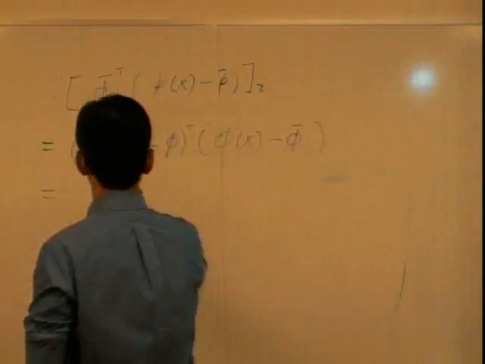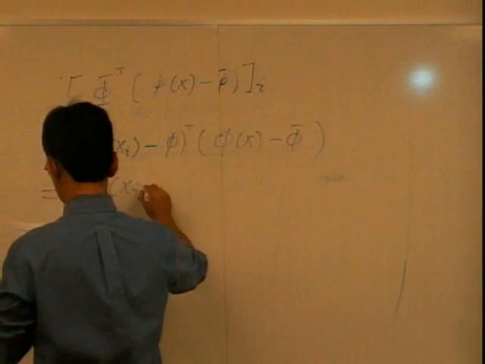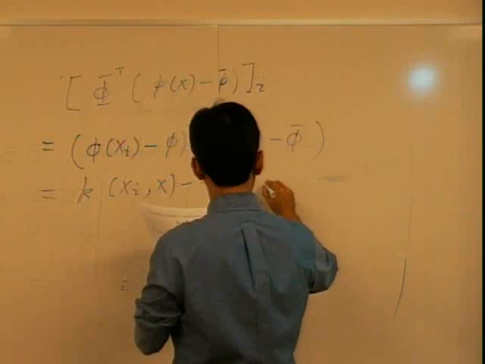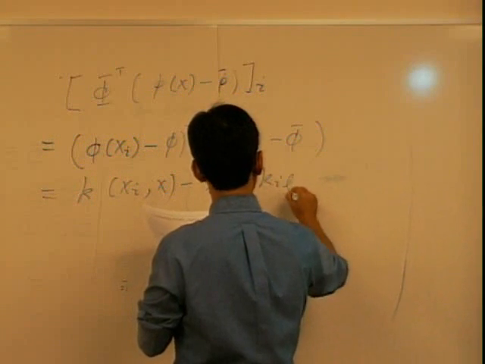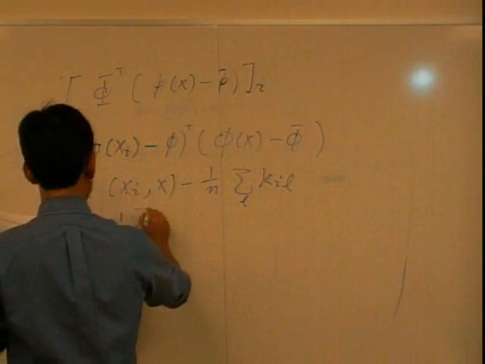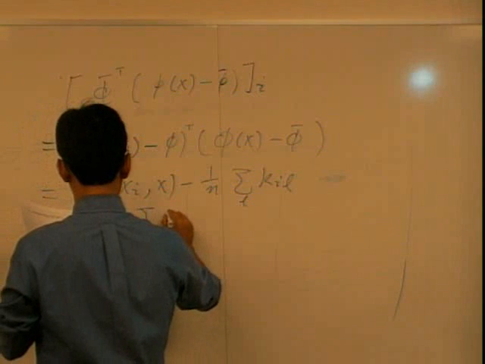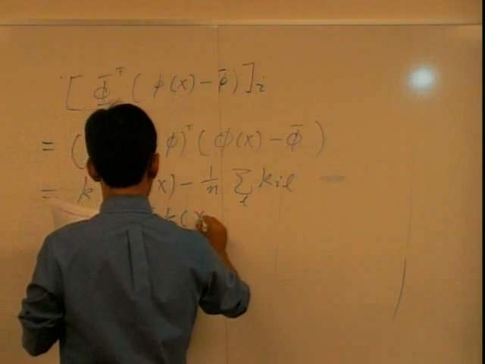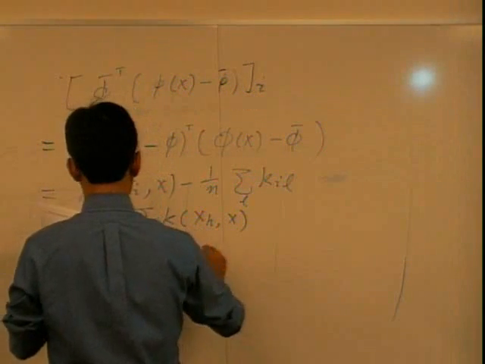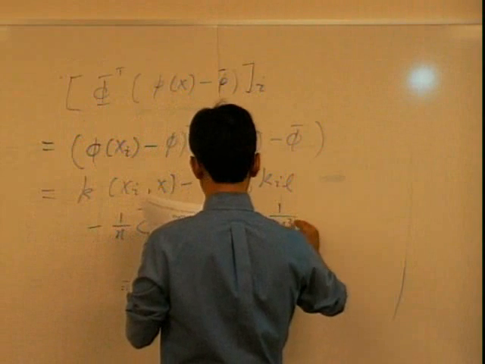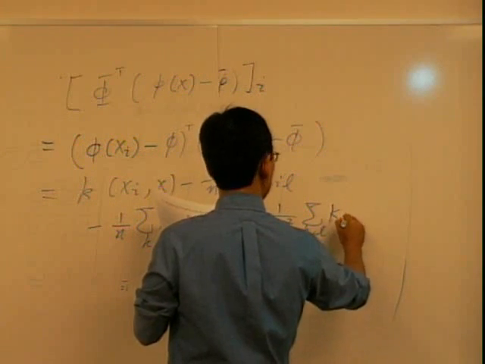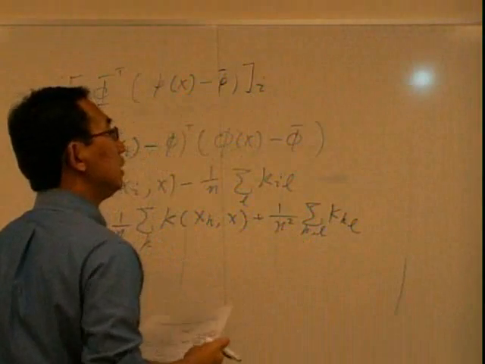And so it's equal to k(x_i, x) minus 1 over n sum over l of k(x_l, x) minus 1 over n sum over h of k(x_i, x_h) plus 1 over n squared sum over h, l of k(x_h, x_l). Okay?